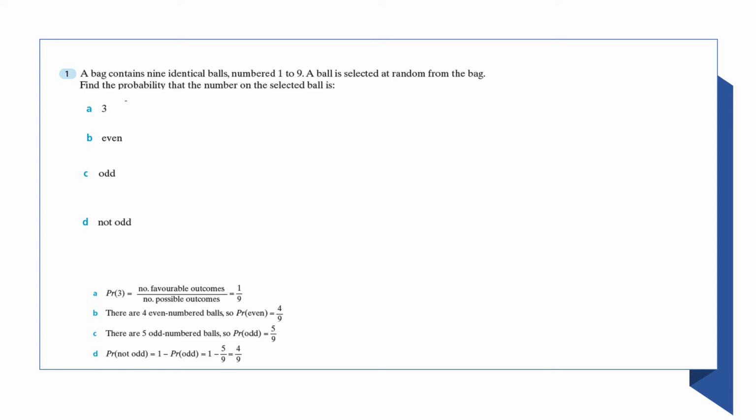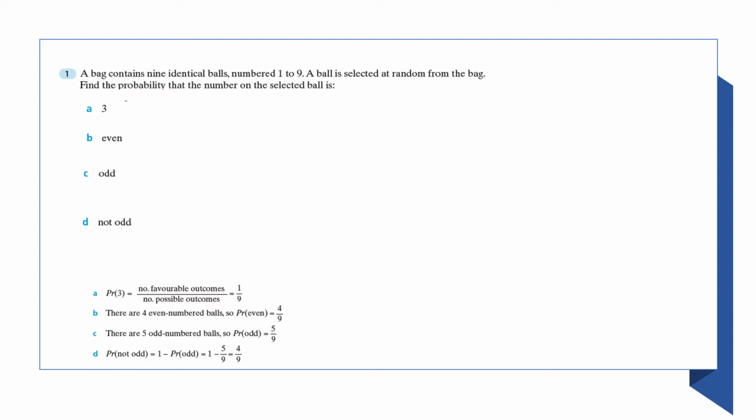The balls are numbered from 1 to 9, and then a ball is selected at random from the bag. What we need to find out is the probability that the number we selected is A, number 3, B, an even number, C, an odd number, and D, not an odd number.